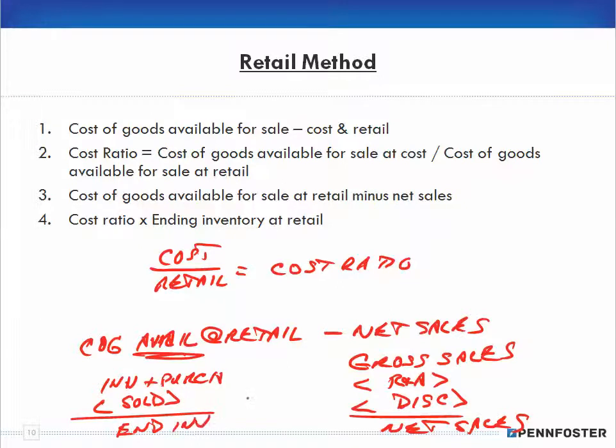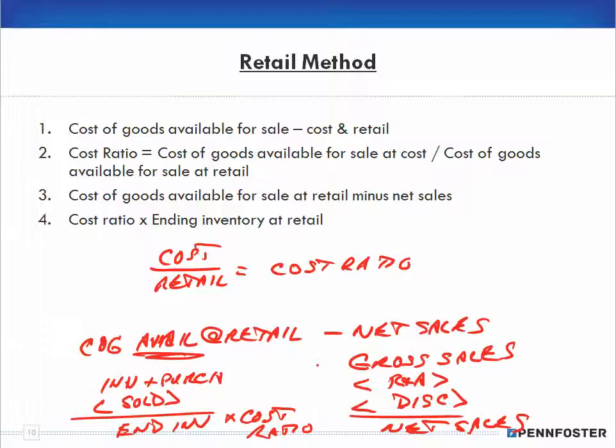And we take that ending inventory and we multiply it by the cost ratio, okay, and that's what the retail method is all about.